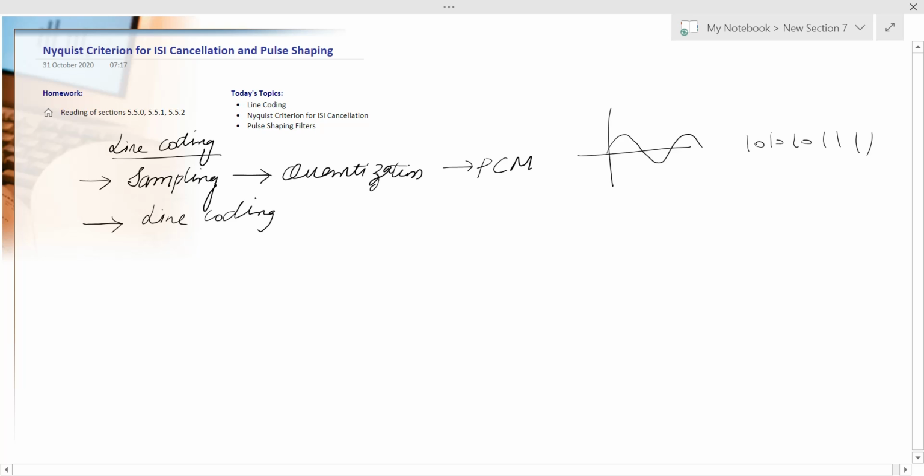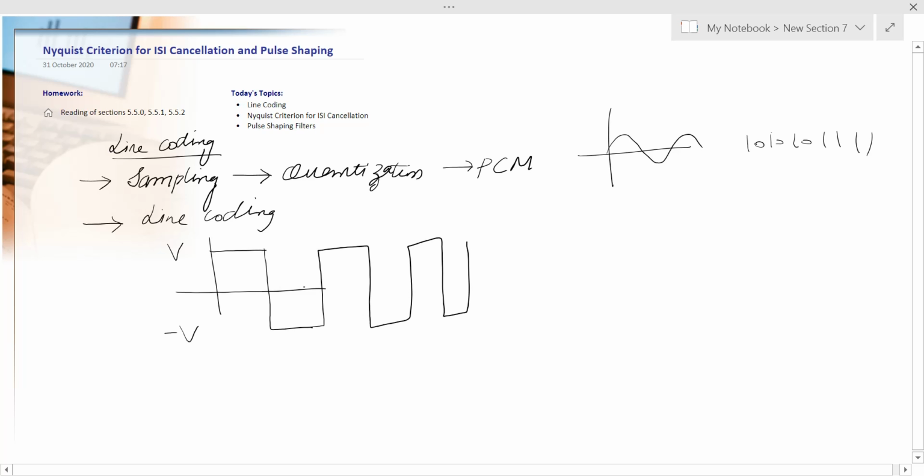So there are several ways to do it. One way is we can represent 1 by some positive voltage level V and 0 by some negative voltage level, minus V. So this waveform does not return to 0, in the sense we don't represent 0 by 0 voltage level, either positive or negative, so it's called non-return to 0.